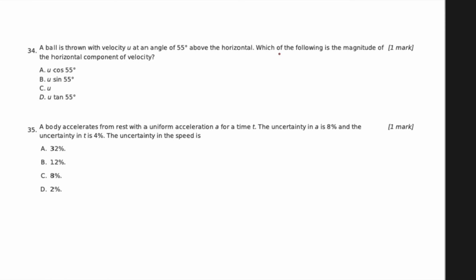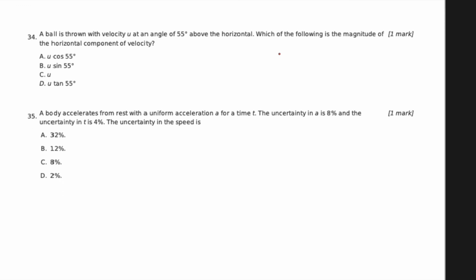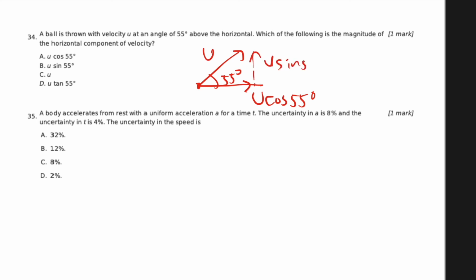A ball is thrown with velocity u at an angle of 50 degrees above the horizontal. Which of the following is the magnitude of the horizontal component of the velocity? So here is u, here is 50 degrees. The horizontal component is going to be u cosine 50 degrees, and the vertical component is going to be u sine 50 degrees.